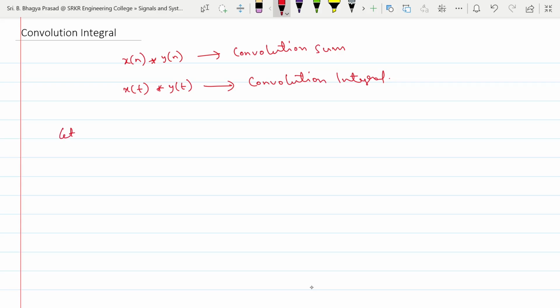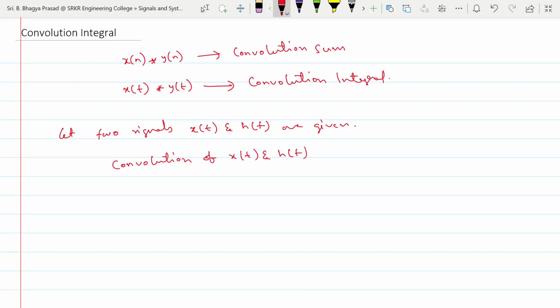Let the two signals x of t and h of t be given, and the convolution of x of t and h of t is represented by, let the output be y of t equal to x of t convolution h of t, and this is the integral from minus infinity to infinity of x of tau h of t minus tau d tau, and here tau is the dummy variable.